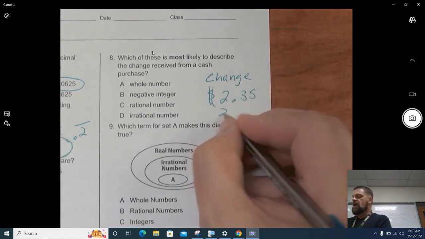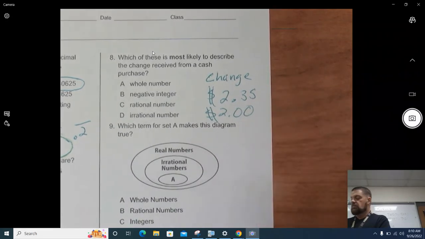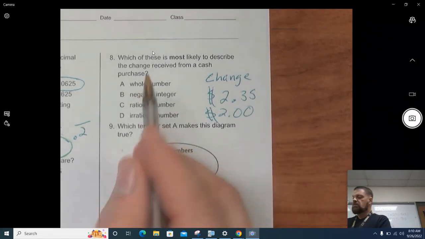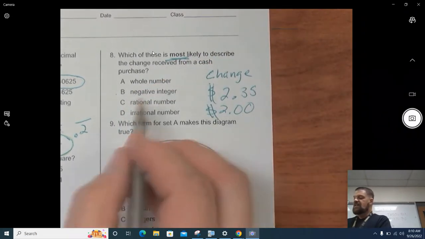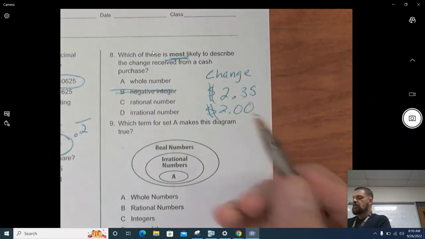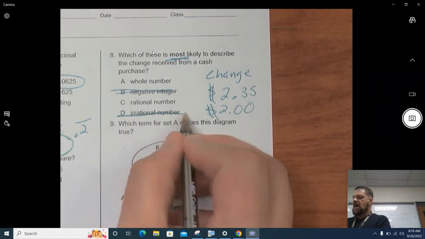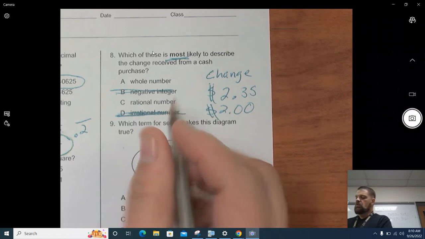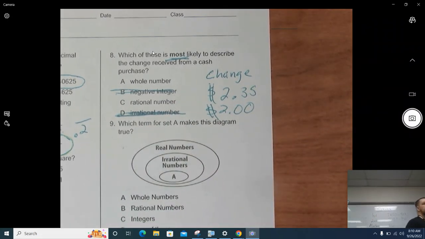Or it could be just $2. We don't know yet. But more than likely, it's one of those, right? So it could be a whole number, could be. But remember, it says which one is most likely. It's not going to be a negative integer. It'll definitely be a rational number. It's not going to be pi or the square root of 3. So which one do you think it's most likely to be, A or C? Yes. C.